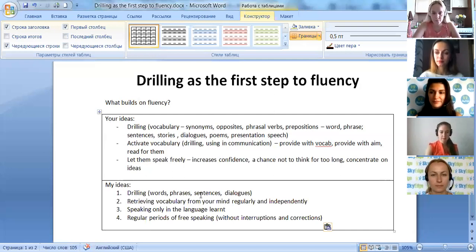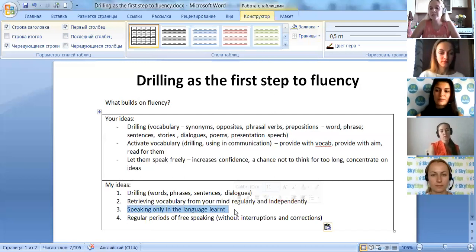Let's get back to point 3, speaking only in the language learned. Why is it important? It's important to help the student to learn to think in English, without the translation in his head. To comprehend as well.